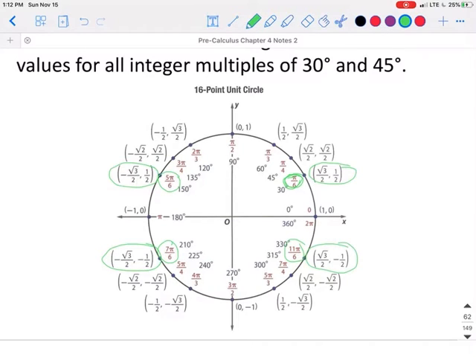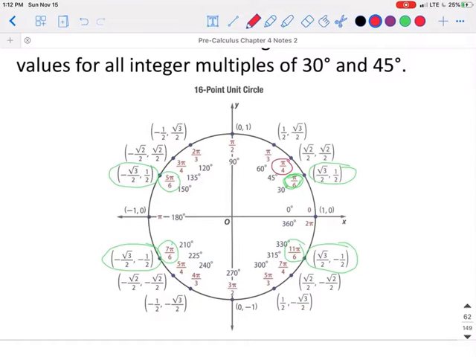So anytime it's over 6, your ordered pair will be radical 3 over 2 and 1/2. If it's in the first quadrant, they're both positive. If it's in the second quadrant, the x's are negative, but the y's are positive. Third quadrant, they're both negative. In the fourth quadrant, the x's are positive and the y's are negative.